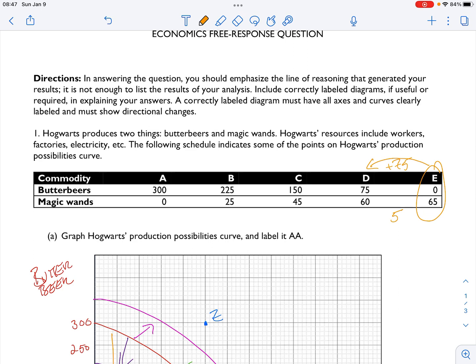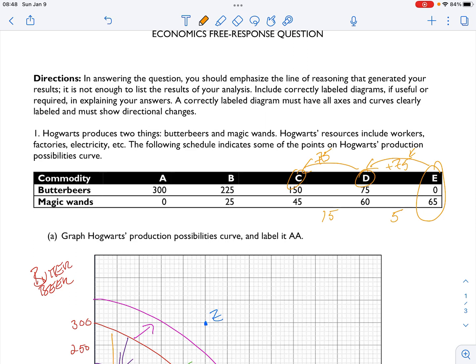Let's say we have gone from E to D, and now we want to move from D to C. Well, notice that you are going to add an additional 75 butterbeers. You go from D to C, you get 75 more butterbeers. But notice now, when you go from D to C, you have to give up 15 magic wands. When you originally went from E to D and gained 75 butterbeers, those 75 butterbeers only cost 5 magic wands.